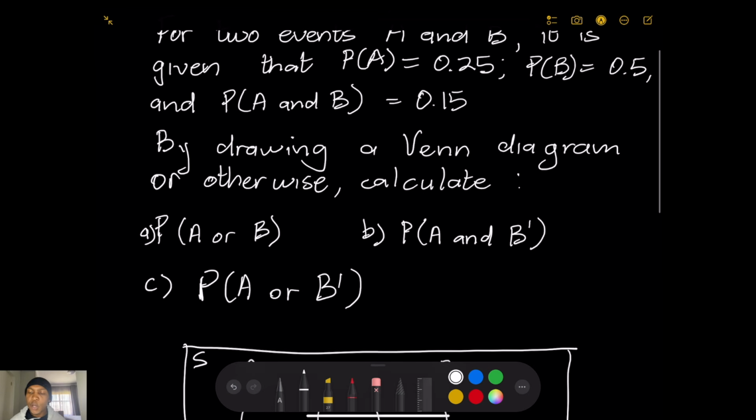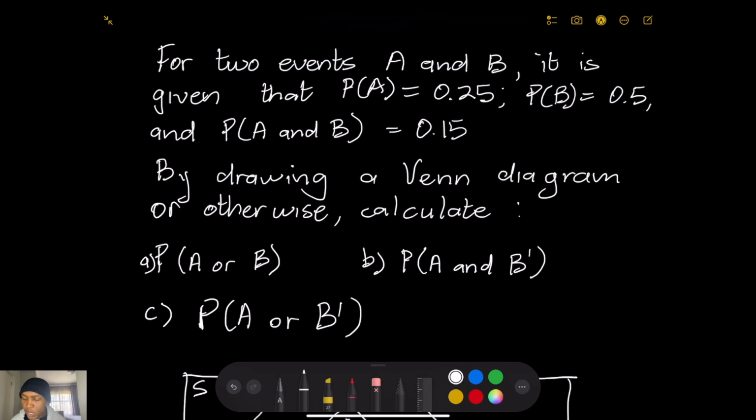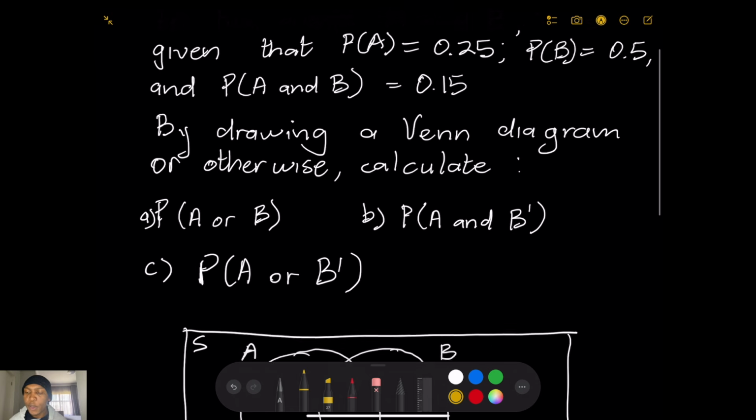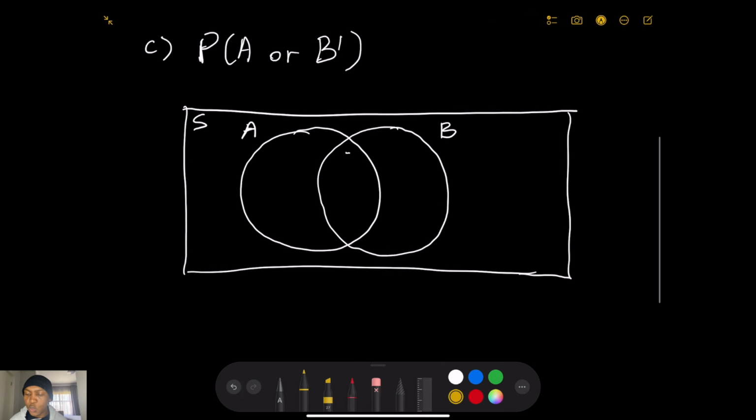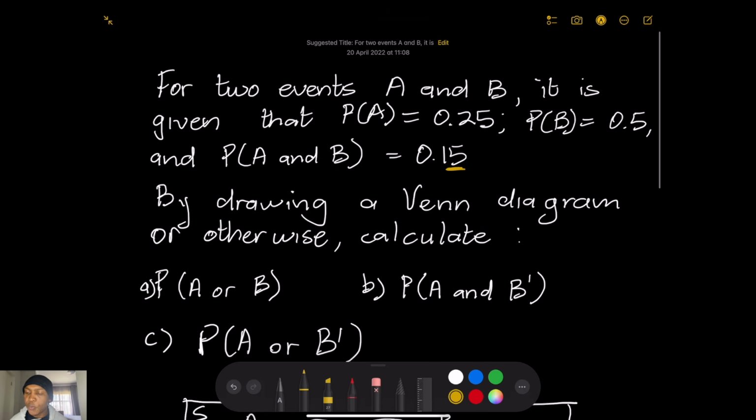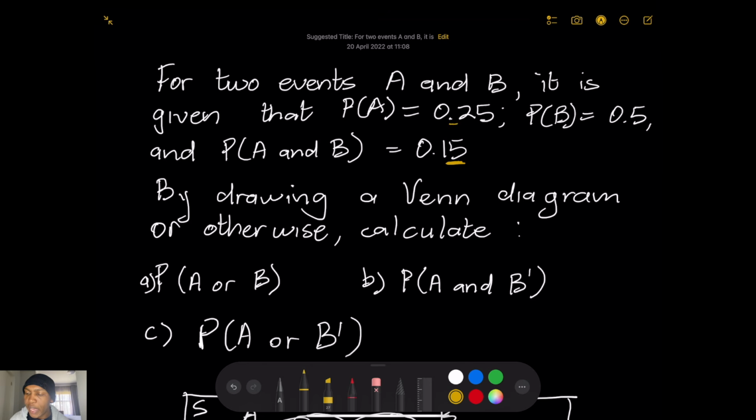So in this case, I want you to note how you should always start with these kind of questions: always look at the intersection first, and you'll see why. The probability of A and B is given as 0.15. So that would be 0.15 there. If I say, what would be the probability of A?